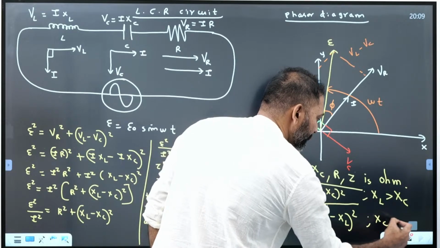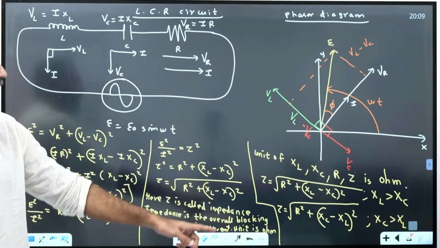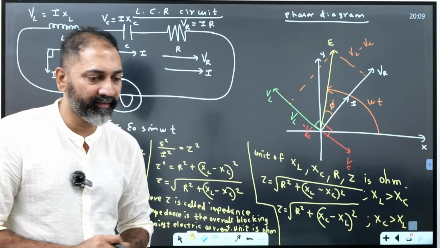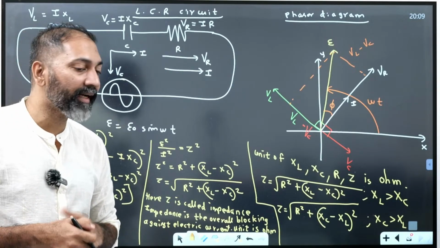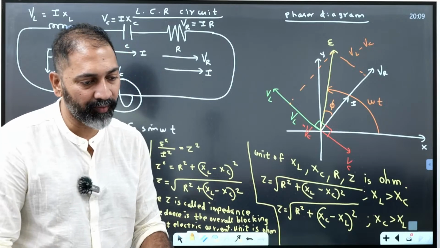So what is the equation? XC greater than XL: if XC is greater than XL, it is XC minus XL the whole square. Naveen Kumar, is it clear? If capacitive reactance is greater than inductive reactance, your formula should be (XC minus XL) the whole square.